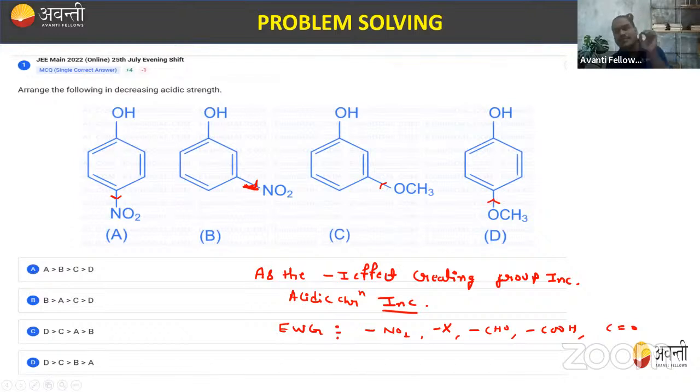Yani both the effects are more effective at the para position, whether electron withdrawing group attached or electron donating group attached.